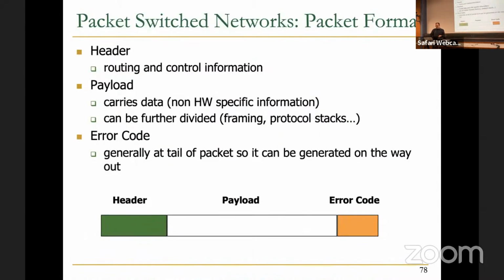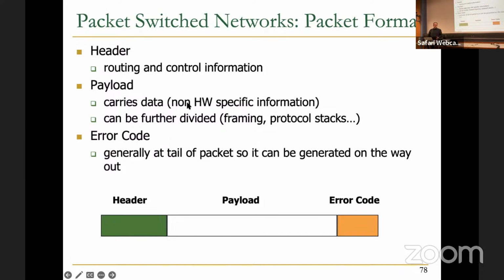But now let's take a look at the packet-switched network in more detail. We have this packet format, and essentially we have a header where routing and control information should be stored. Then you have a payload which carries data, the non-hardware-specific information.